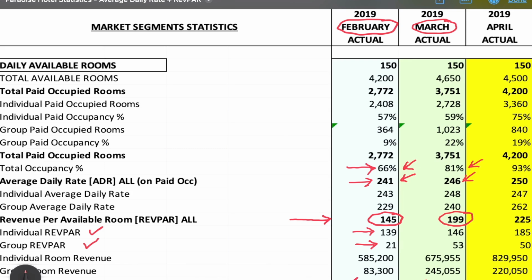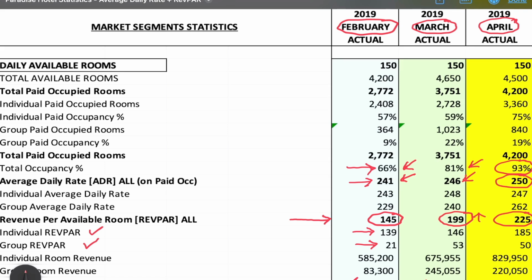If you take this example a bit further, in the month of April, the occupancy jumped to 93% and the ADR was the highest at $250. Take a look at where the RevPAR is now. It's at $225, which is $26 more than even the standard month of March.